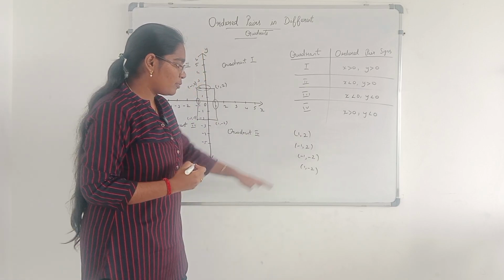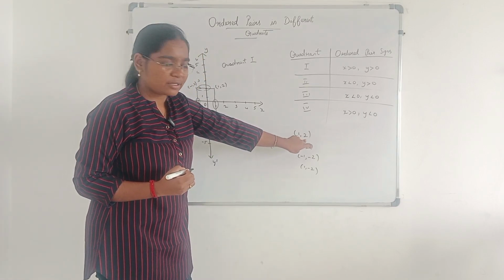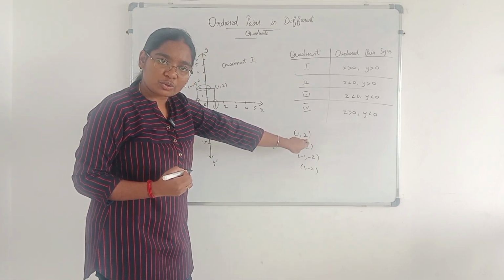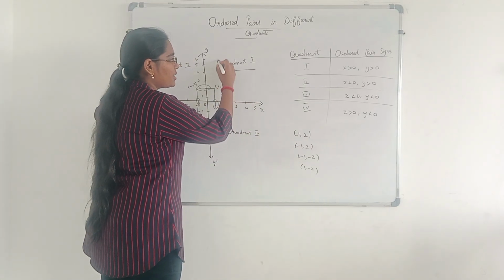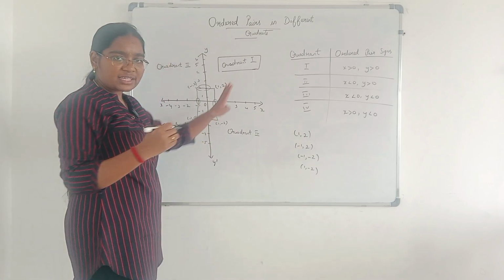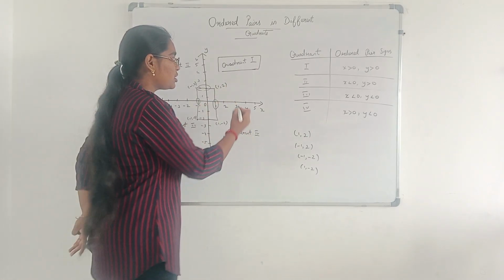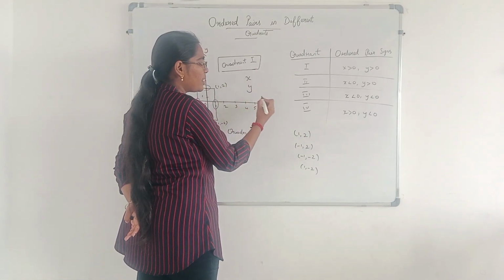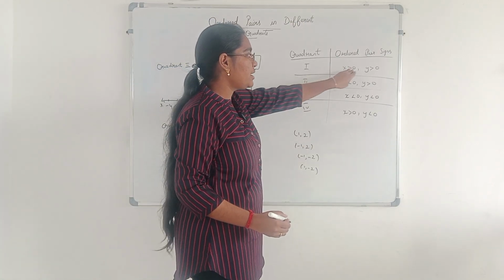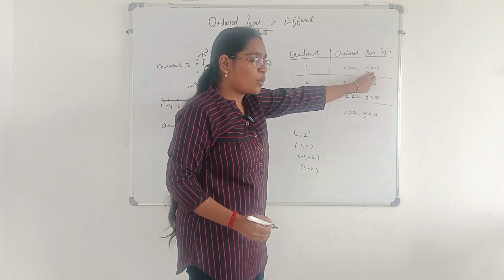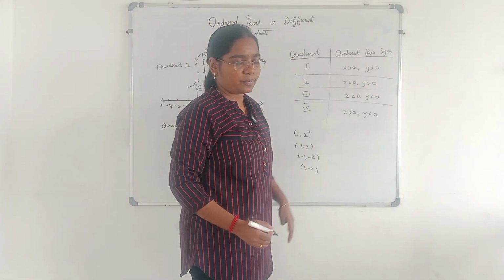First, 1, 2. These two are positive numbers. 1 is positive and 2 is also positive. So you got the value in quadrant 1. Always in quadrant 1, both x and y values are positive. That's why here we wrote in the first quadrant x greater than 0, y also greater than 0.